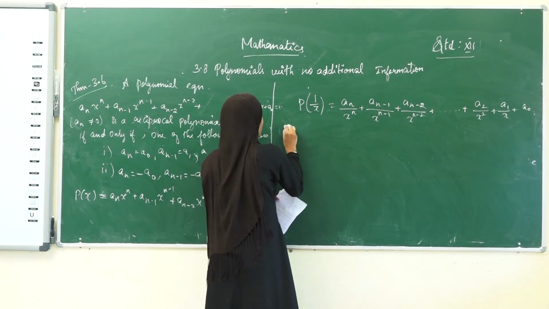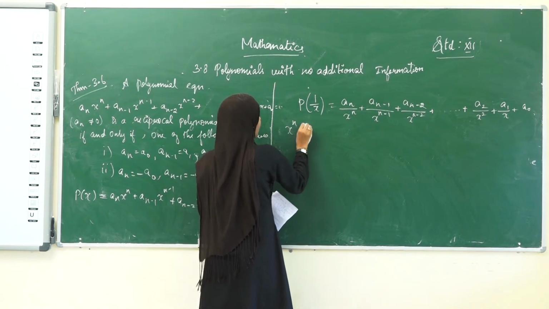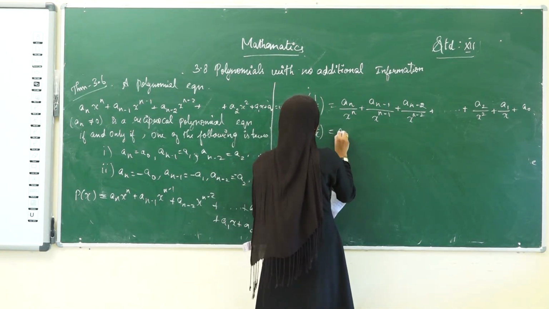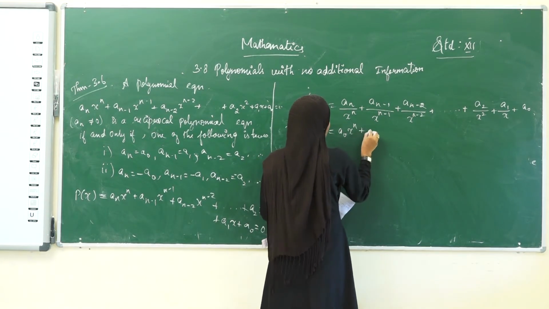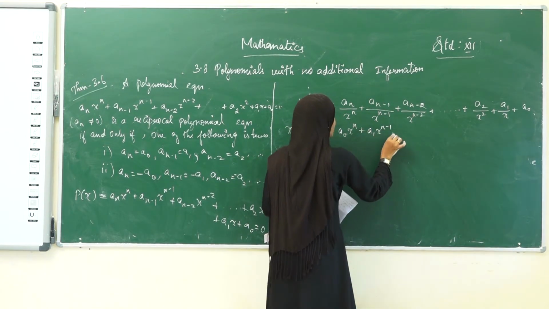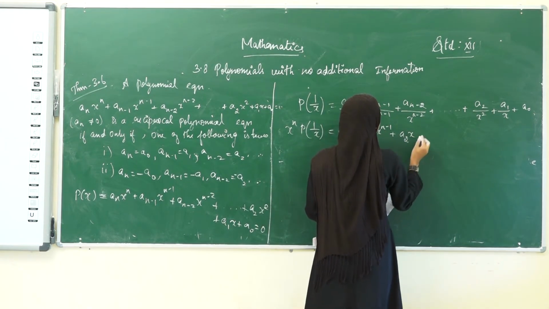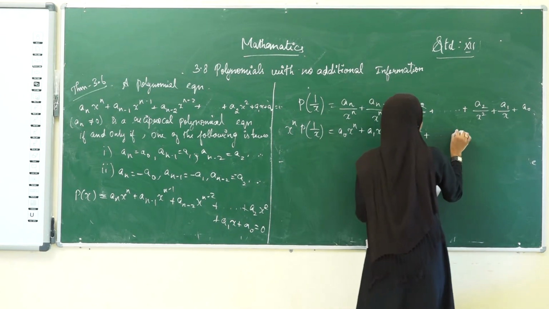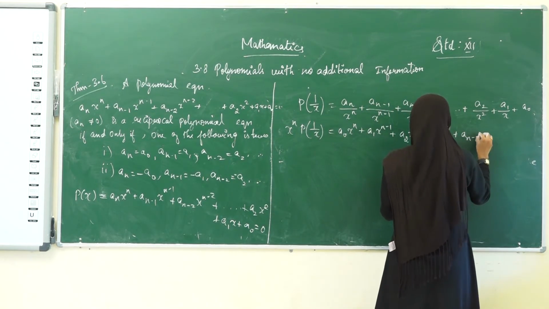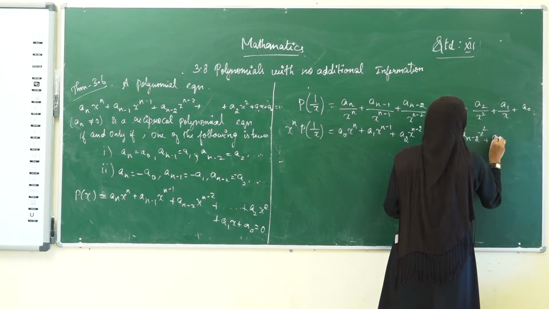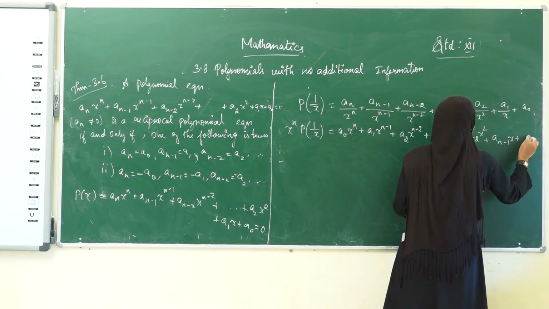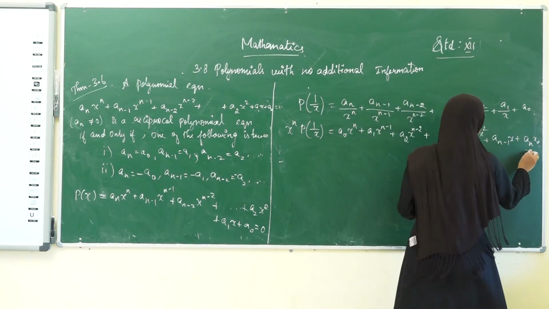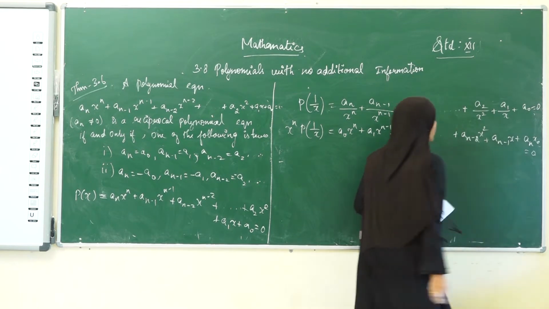Then what we get, let us multiply x power n with this above equation. Okay, what we will get is a naught x power n plus a1 x power n minus 1 plus a2 x power n minus 2 plus up to etc. plus a n minus 2 into x square plus a n minus 1 into x plus a n x naught, which is equal to 0.